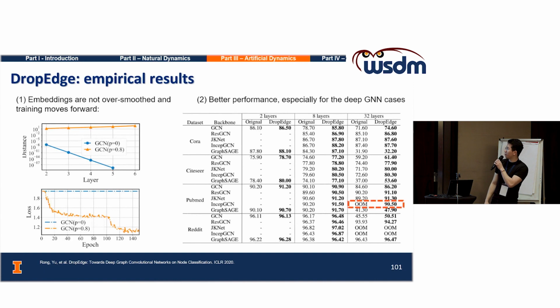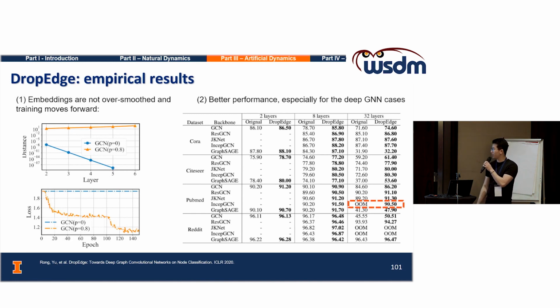And the right-hand side shows some statistics about the node classification performance. So the authors of DropEdge find that after the graph neural network is equipped with this DropEdge technique, its performance can improve. And more importantly, they can handle cases with many layers of the graph neural networks.